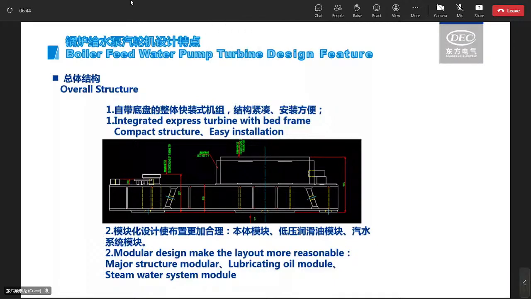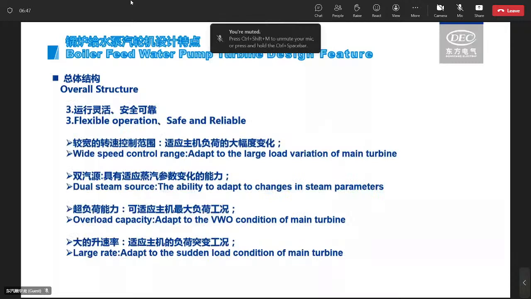It has the operation feature of flexible operation, and it can be operated safely and reliably.